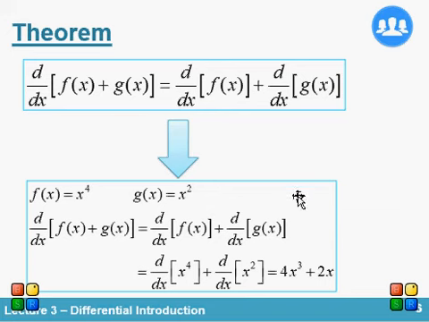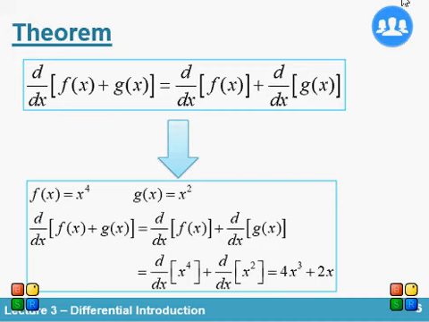These are some rules for using differential. If we have two functions in a group, for example like this, d/dx of (f(x) + g(x)), how do we find the differentiated function?